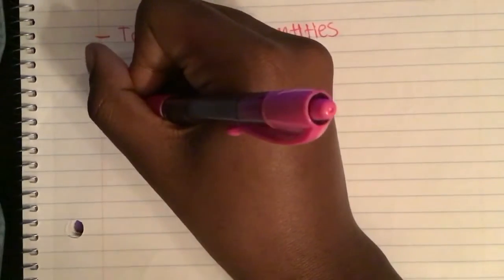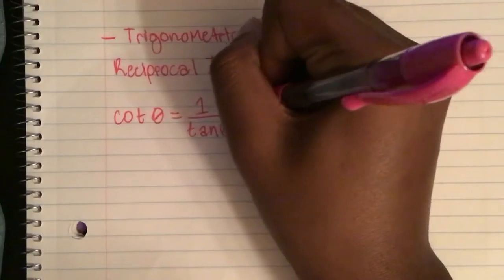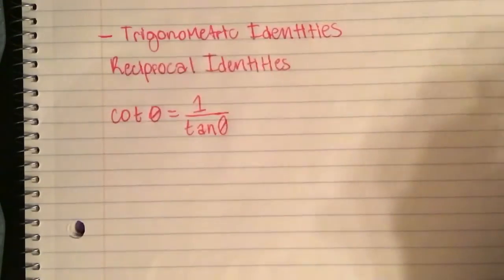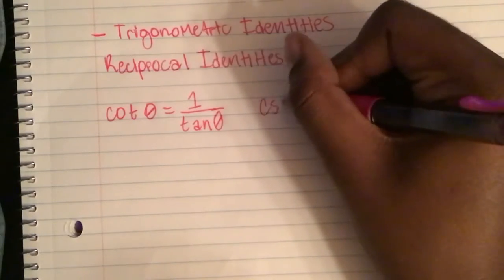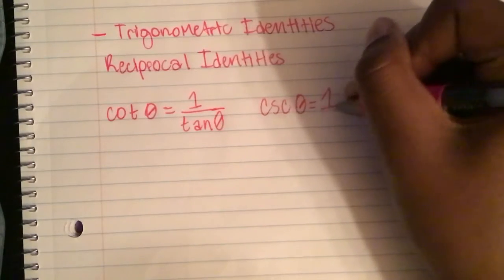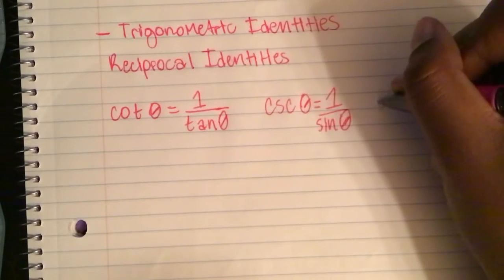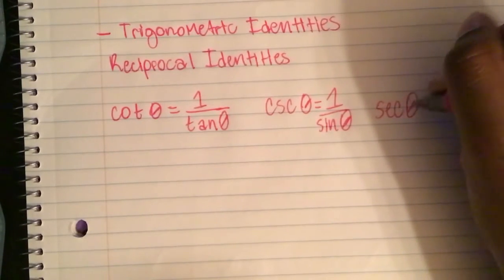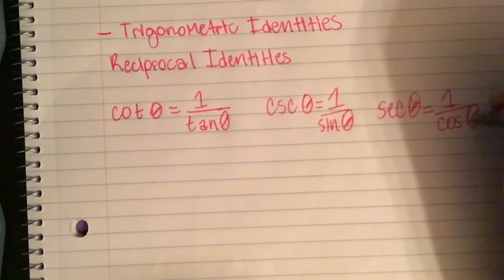So right here, cotangent of theta is equal to 1 over the tangent of theta, just like the tangent of theta is equal to 1 over the cotangent of theta, vice versa. Then we have the cosecant of theta is equal to 1 over the sine of theta. Then we have the secant of theta is equal to 1 over the cosine of theta.